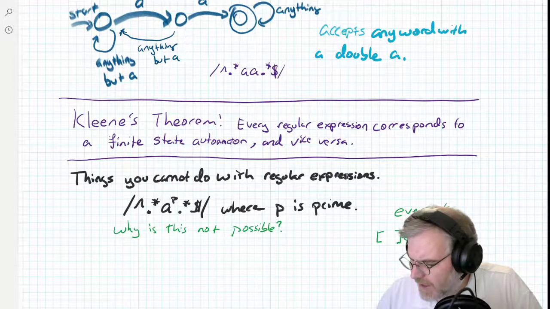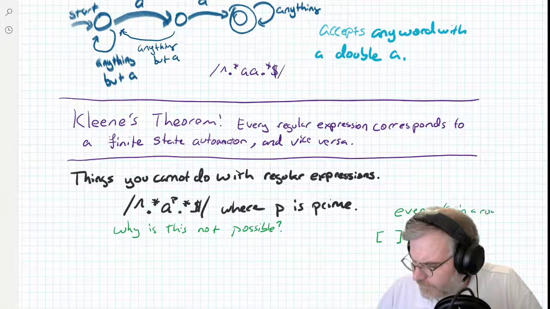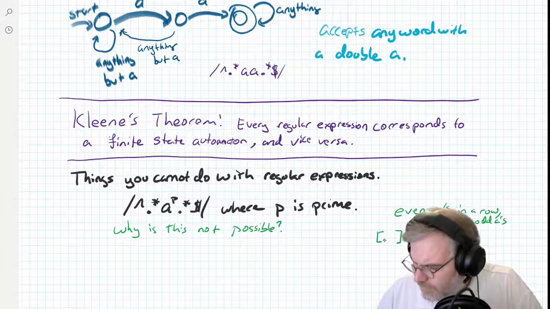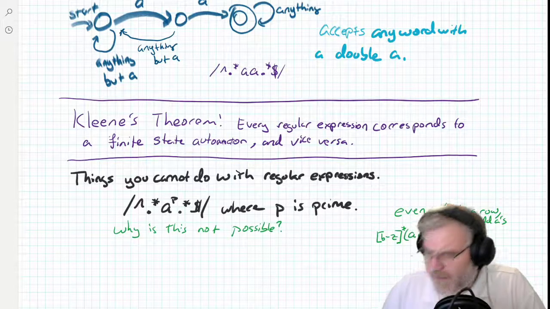So if I wanted this, this would be B through Z, B through Z, and this would give me star, this would give me star, like that.